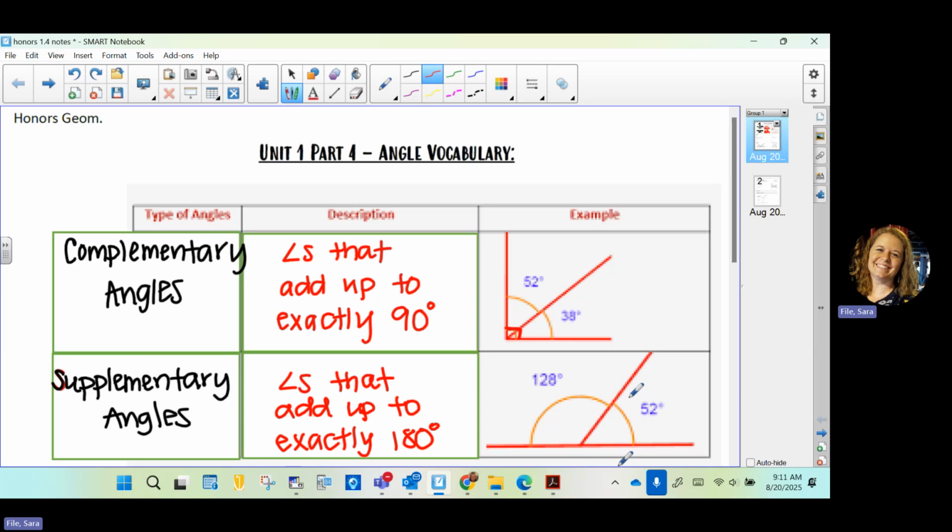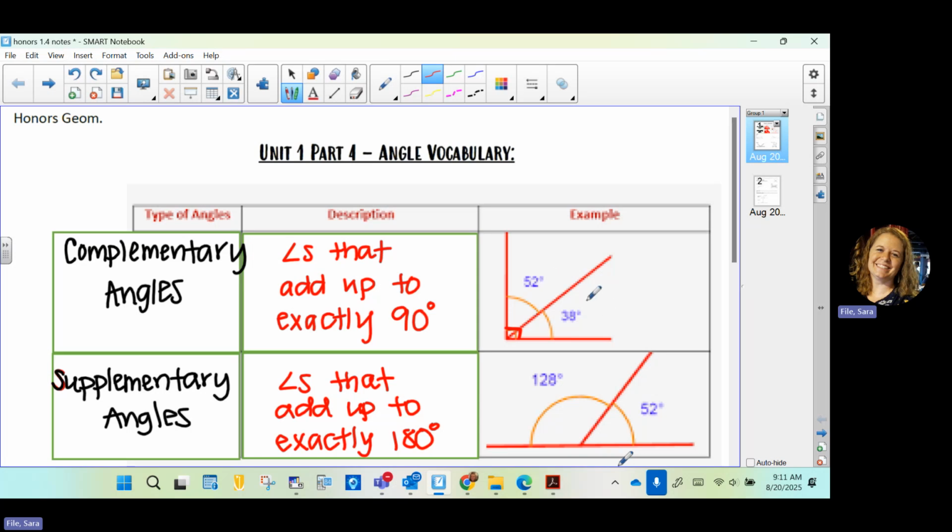Now, I just want to clarify something because I'm anticipating somebody may ask, maybe later. These angles do have arcs, and we talked about congruence markings, and some people may ask why this has one arc and this has one arc if they're not congruent. Sometimes arcs are drawn just to show what you're labeling. If there is a label like 52 degrees and 38 degrees, that's what you go by.